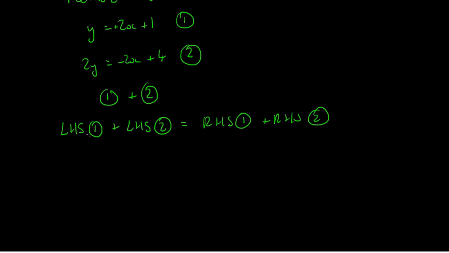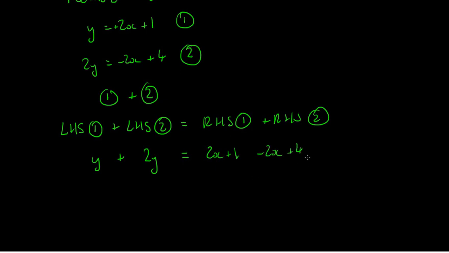So if we do that now, the left-hand side of equation 1 is just y. We add that to the left-hand side of equation 2, which is 2y. And that's equal to the right-hand side of equation 1, which is 2x plus 1, plus the right-hand side of equation 2, which is minus 2x plus 4.